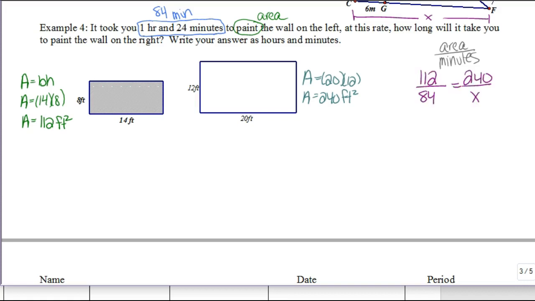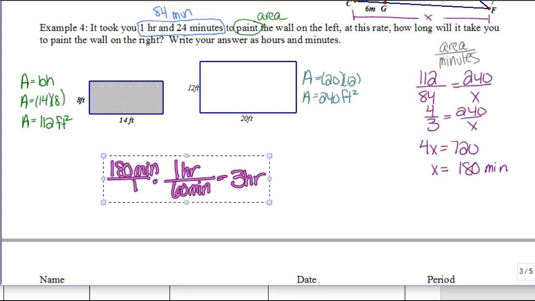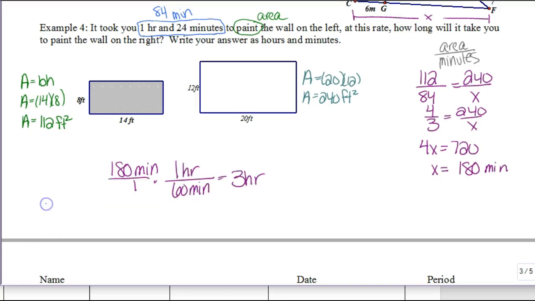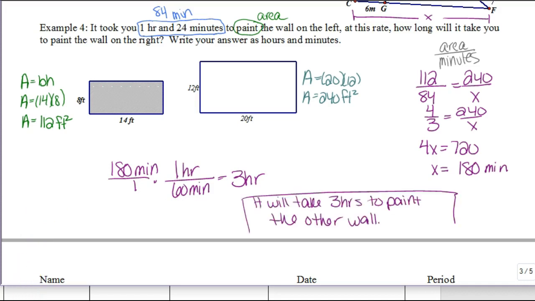So my area of 112 square feet compared to the 84 minutes is going to be equal to the area of 240 square feet to the time that I don't know. I'm going to simplify and solve. And the result of that unit conversion is 3 hours. So it will take 3 hours to paint the other wall.